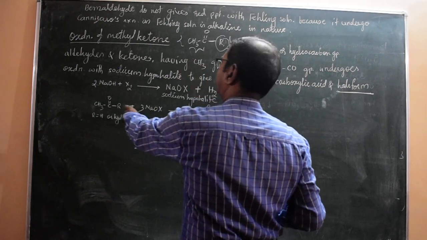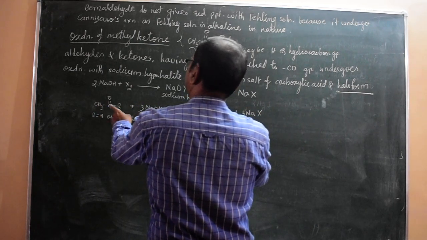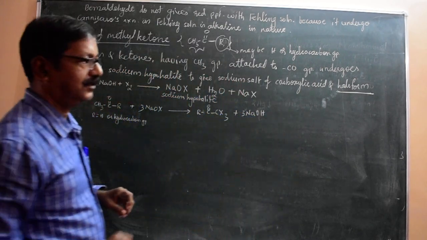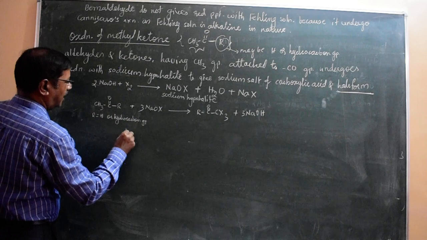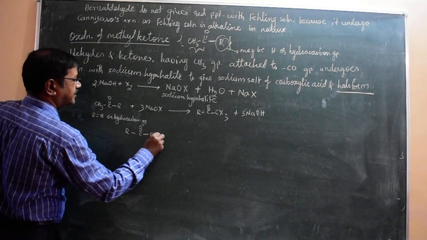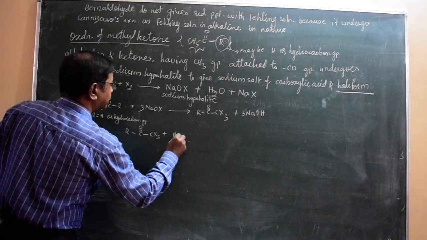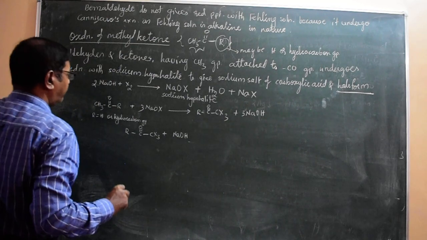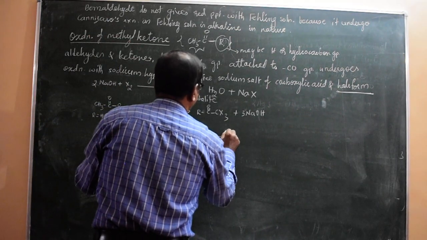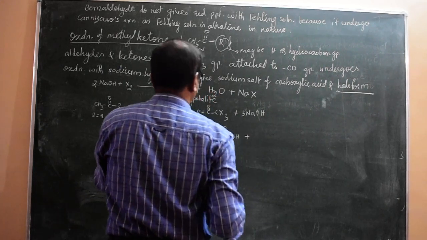Three hydrogens here, so 3 NaOH. Afterwards R C double bond O CX3 plus NaOH. The product formed is R C double bond O ONa.